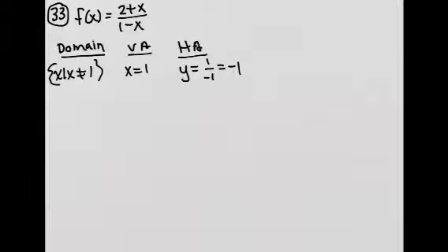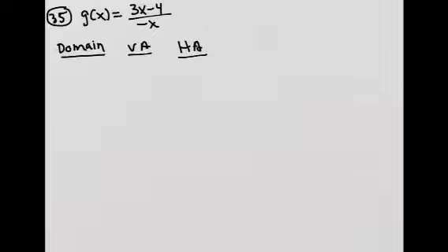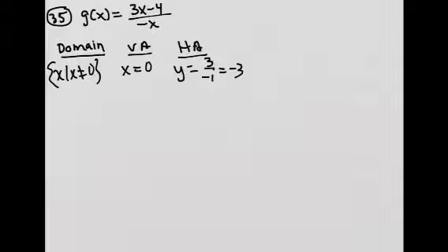For 35, the domain is all x such that x cannot equal 0, because 0 makes the denominator 0. Again, there are no holes here, so that means 0 becomes a vertical asymptote, because it's not a hole. This is another powers equal rational function, so we look at the leading coefficients, so it's 3 over negative 1, so it's negative 3.